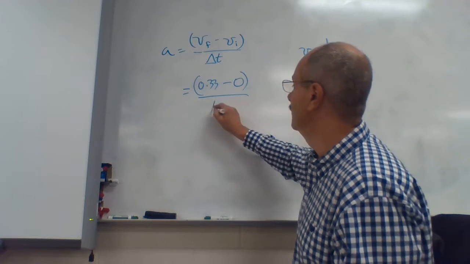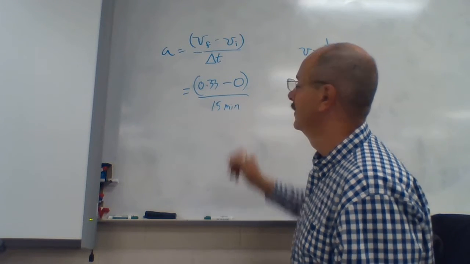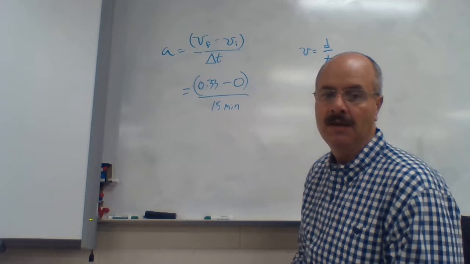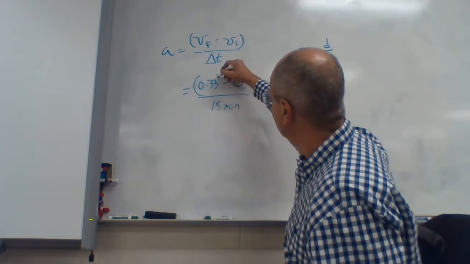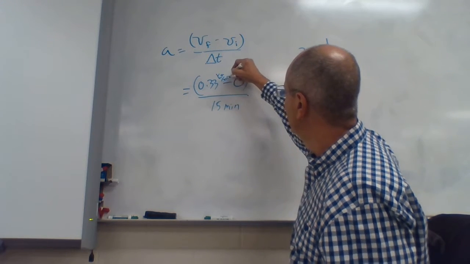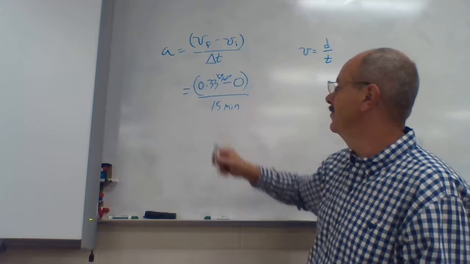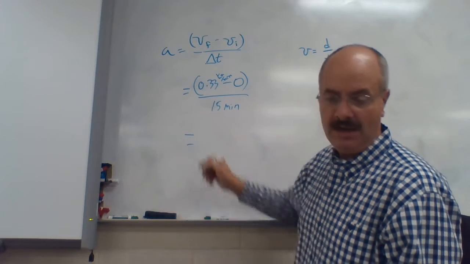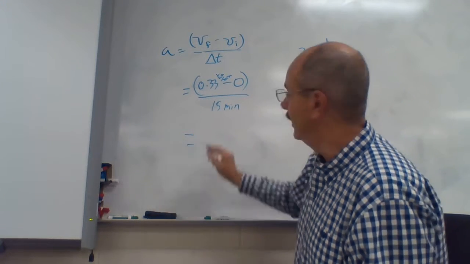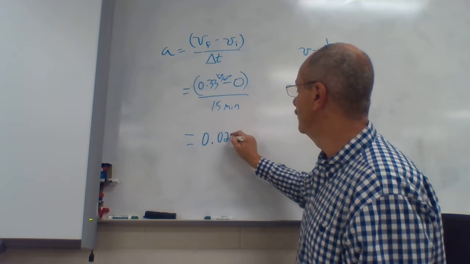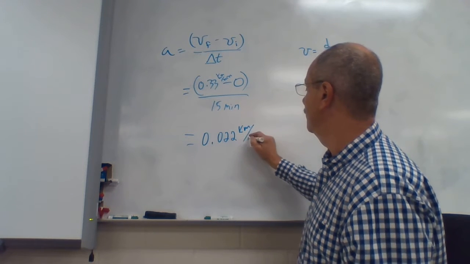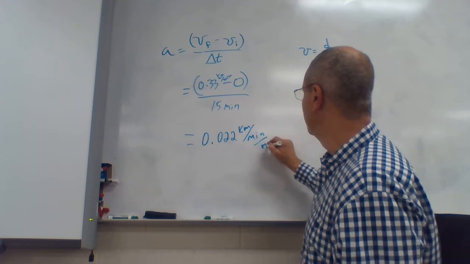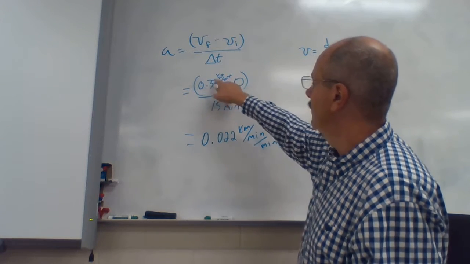Well, it took him 15 minutes to get up to that speed. So we're going to take 0.33 divided by 15. We get an answer of 0.022 kilometers per minute, because it's kilometers per minute.